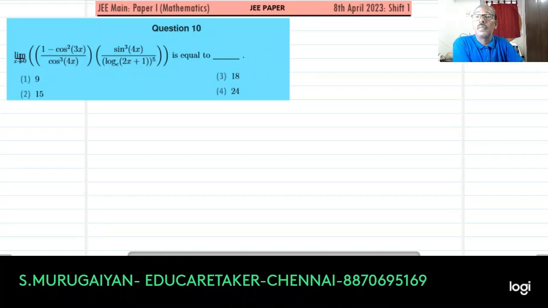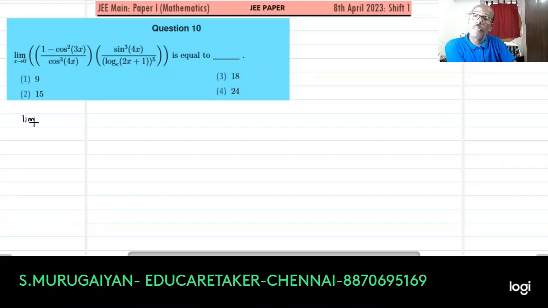Question 10. Limit x approaches 0, 1 minus cos square 3x by cos cube 4x, sin cube 4x by log of 2x plus 1 whole power 5 is equal to, we have to select one among the 4 options. So very normal question.